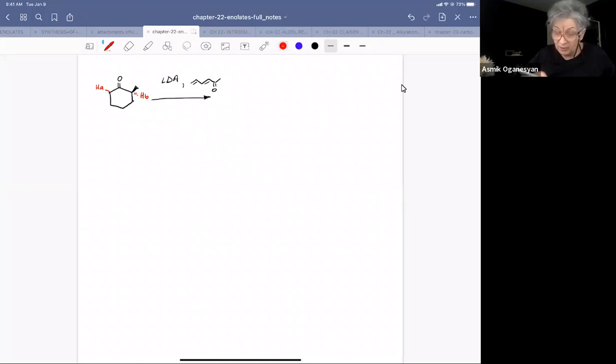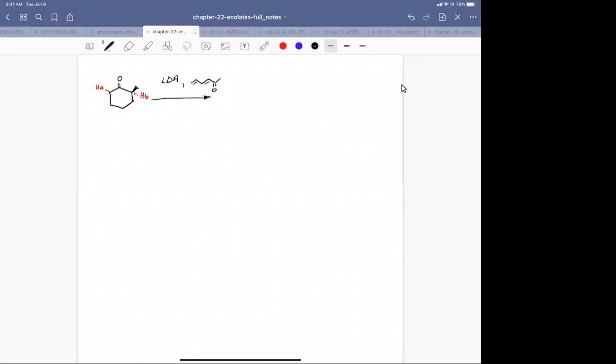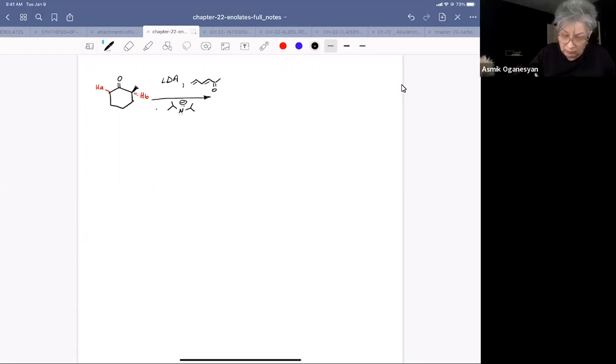So let's go ahead and run over the mechanism. Okay. Lithium diisopropylamide, amide, form a double bond of electron density on the oxygen.